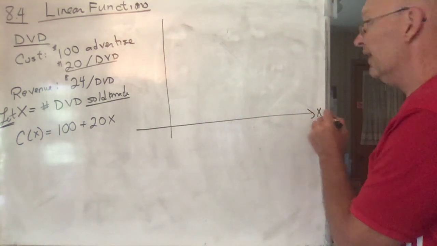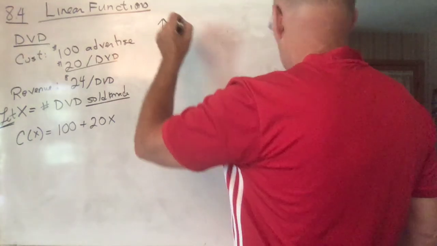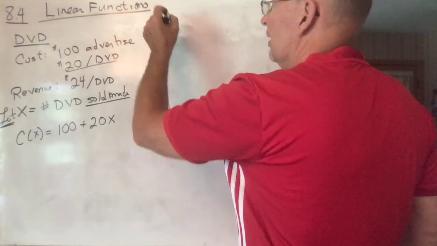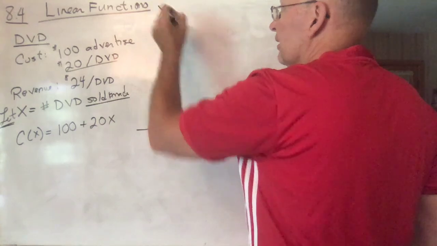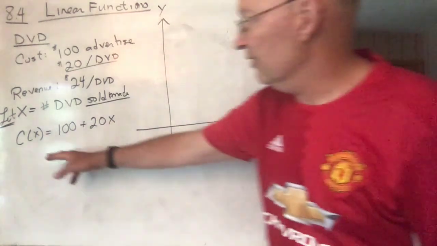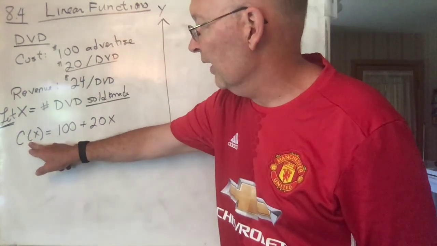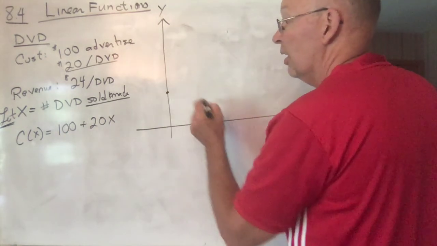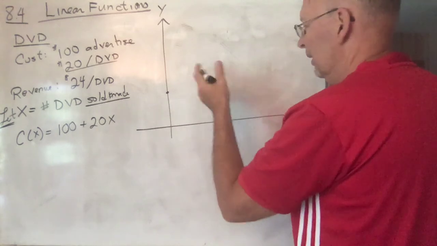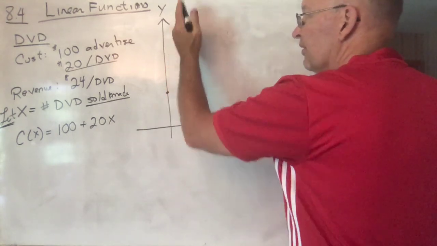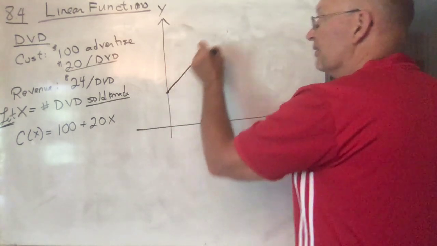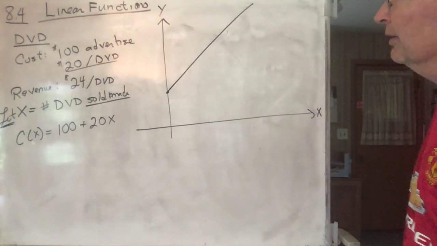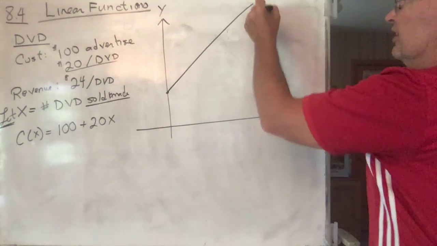And so if you want to graph that, it's going to graph something like Y here. And so this is always going to be your value of Y, is the value of the function. So it's going to be 100 plus 20x. And I'm not going to worry about whether it's 20 units high. That would be awfully high. I'm going to just make it look like this. Okay? So there's your C right there.